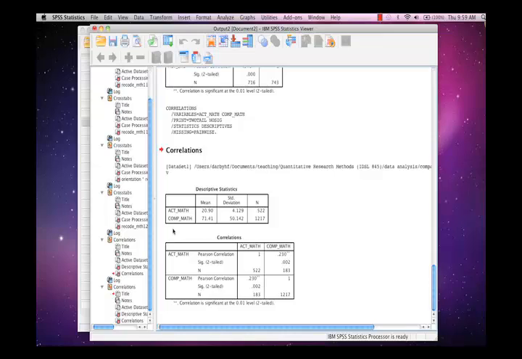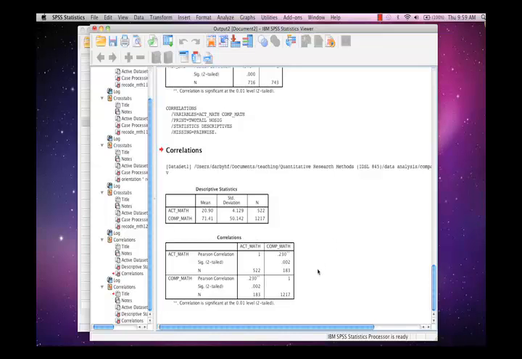I think the highest you can go on ACT is about a 32. And the highest you can go on Compass is 100. So it doesn't make much sense to interpret the difference between the means just by looking at descriptive statistics on these two variables.